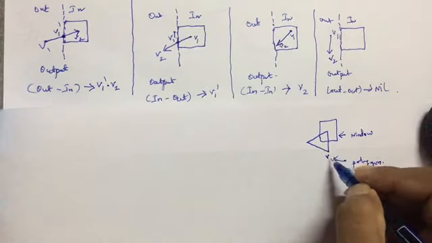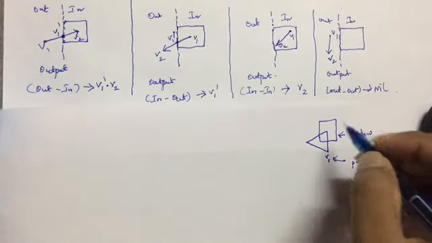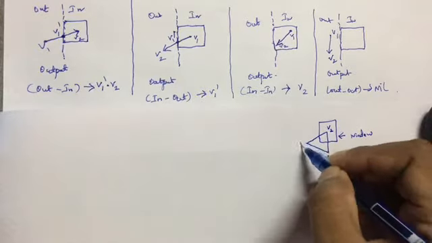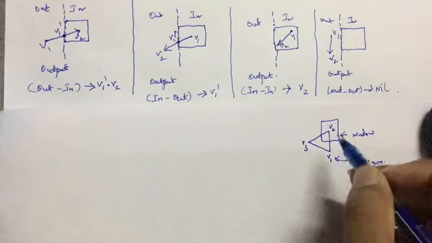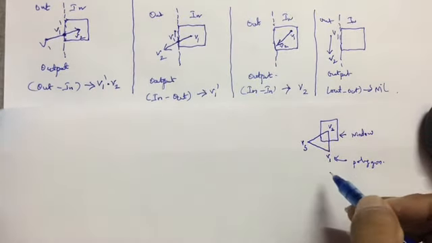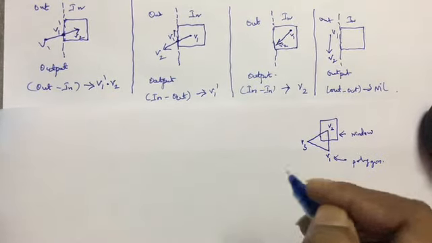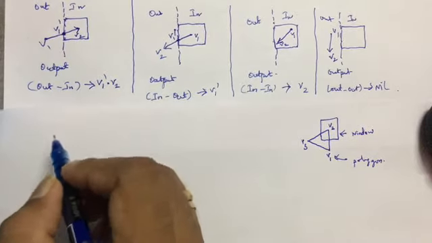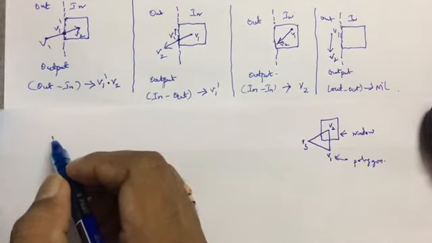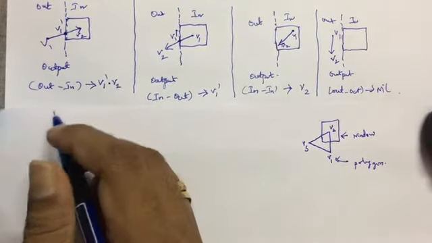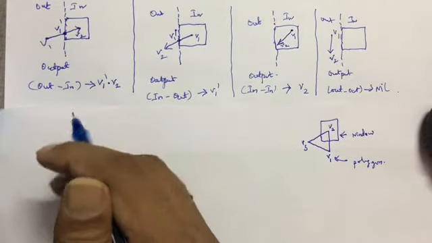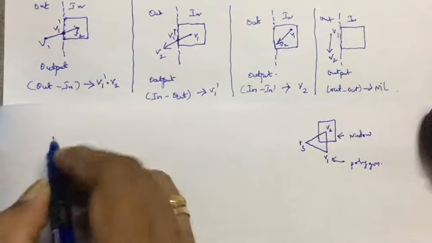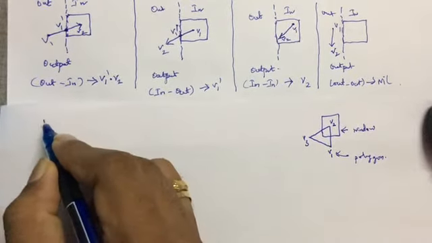This point will be V1, this point will be V2, and this point will be V3, which are edge 1 V1 V2, edge 2 V2 V3, and edge 3 V3 V1. We have to follow 4 steps, which are left clip, right clip, top clip, and bottom clip, like I said earlier. First we have to follow left clip.